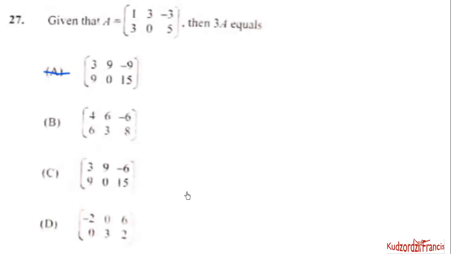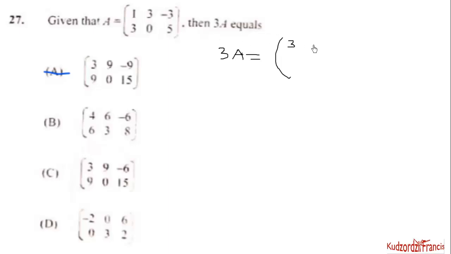27. Given that A is equal to this, we are supposed to find 3A. To find 3A, this is a scalar multiplication of matrices. We multiply each of the entries by the scalar 3. So we get 3 times 1, which is 3.